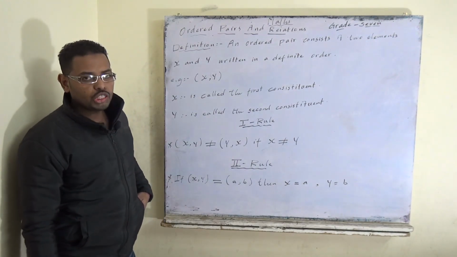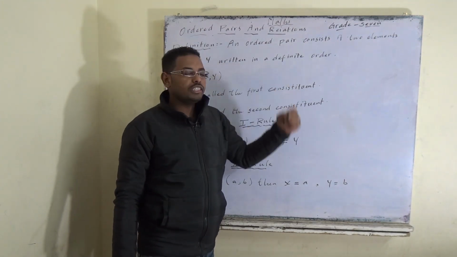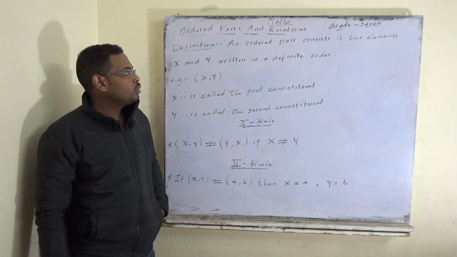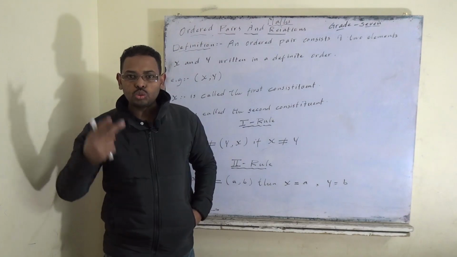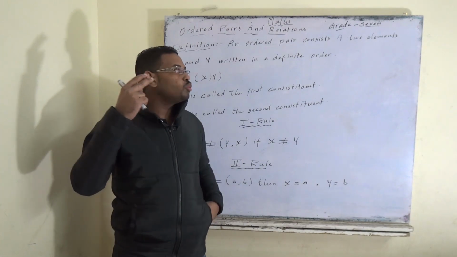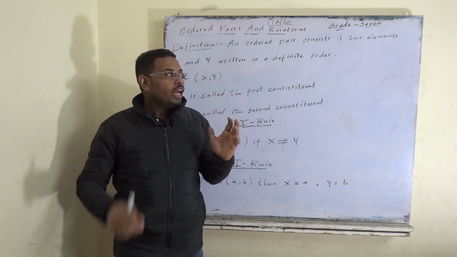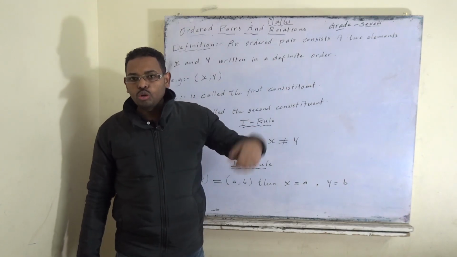Then the definition continued and said it should be written in a definite order. When we say definite order, we mean that these two elements should be written in a specific way.